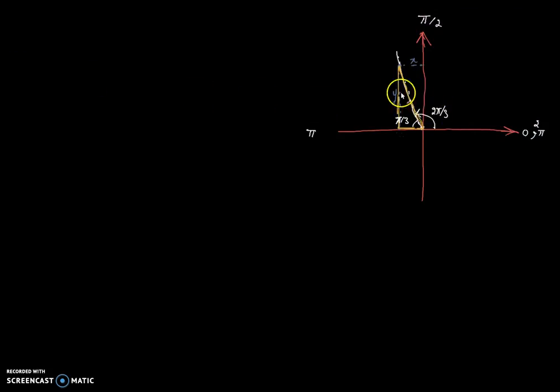If you drew everything to scale, you would get a 1 as your x value and root 3 as your y value, and this would be your point P. Your point P would have the x value minus 1, because the distance is 1, and a y value of root 3.